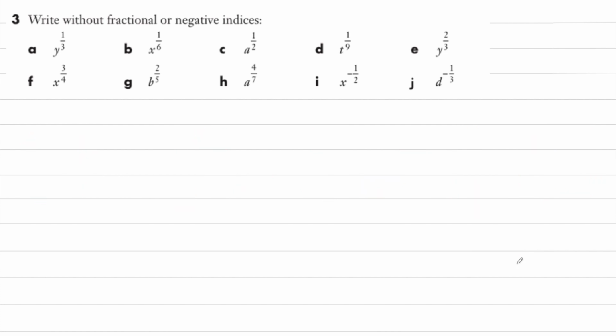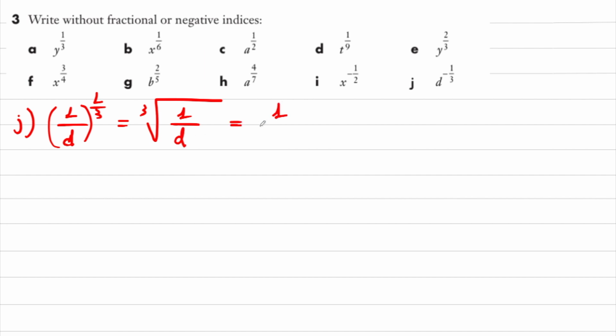Question j, the same thing, you got d to the power of negative 1 over 3. So 1 over d first, the outside is 1 over 3, and here is cube root of 1 over d, and then 1 over cube root of d by this writing. Okay.